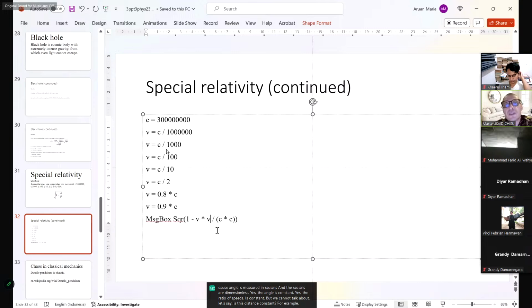For example, is the distance from Jakarta to Surabaya constant? We cannot talk about that because distance is measured in meters. And if you talk about constant distance or constant speed, then you must talk about whether the meter is constant. Of course, the meter cannot be analyzed in this way, because the meter is just a physical quantity.